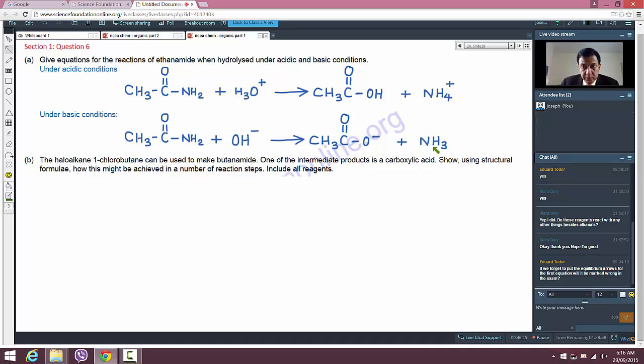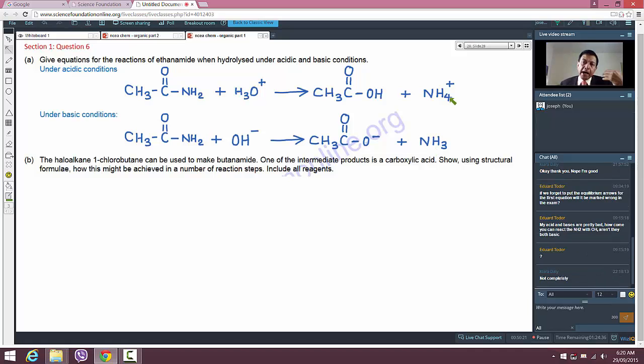The base doesn't react with a base. The acid-base reaction follows on after the breaking of the amide bond, which is an organic reaction. Don't think of that as an acid-base reaction. Then under basic conditions, again, it breaks that amide bond. That's an organic reaction. But under base conditions, the result initially, you can think of it as being the acid.